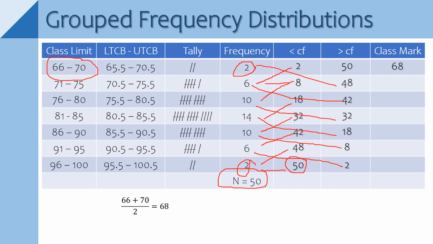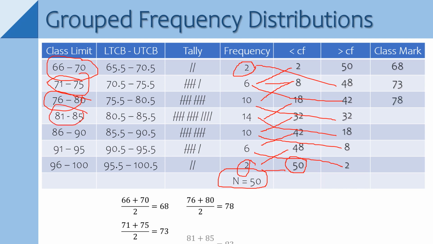Next, second class is 71 plus 75, divided by 2. Let us know, 71 plus 75 divided by 2 is equals to 73. Okay, next is 76 plus 80 all over 2 is equals to 78.